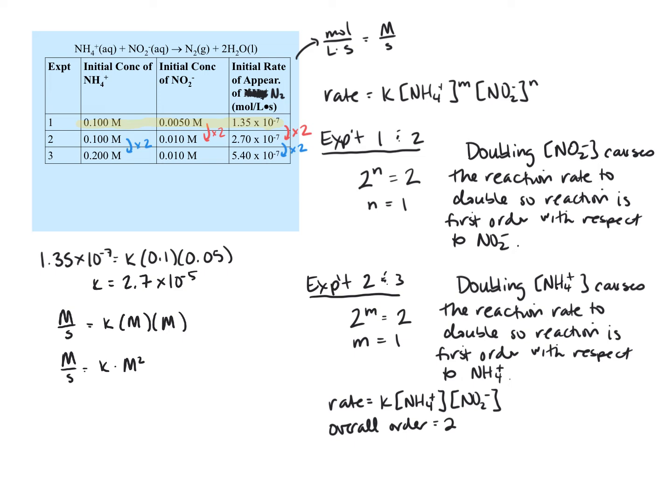And then I think it's easier to multiply both sides by the reciprocal on the right side because you have a fraction on the left side. When you cancel out the molarities, you get 1 over molarity dot second, or you can say molarity to the negative 1 dot second to the negative 1. And that would be the units for K.